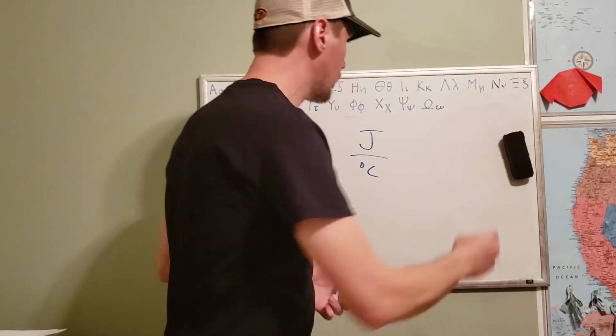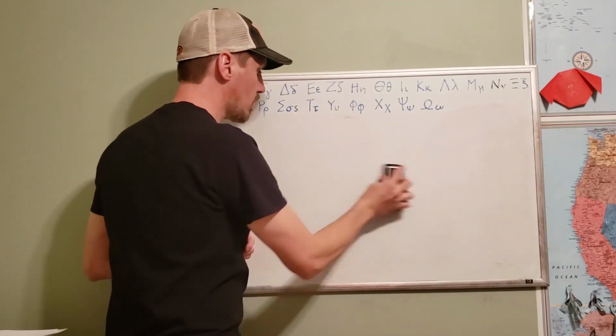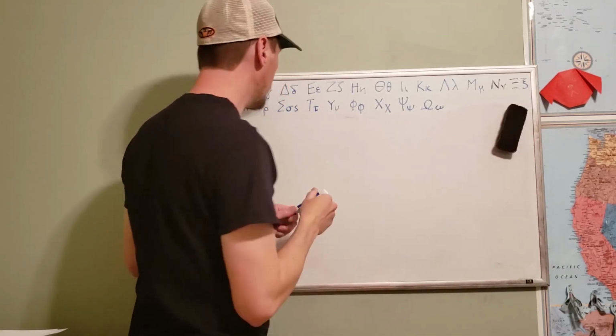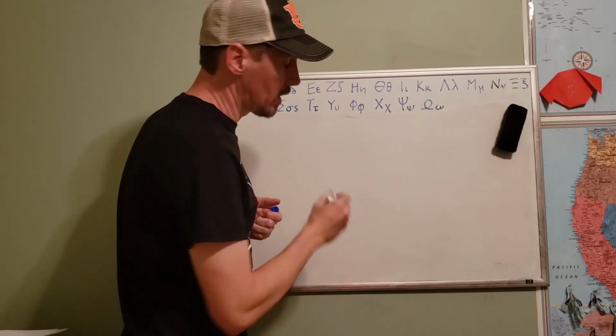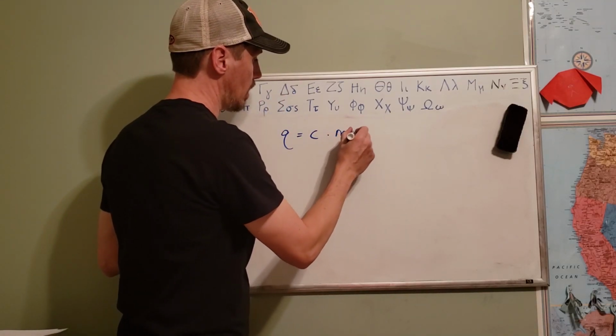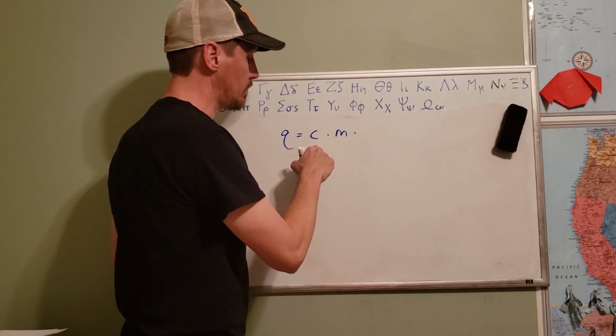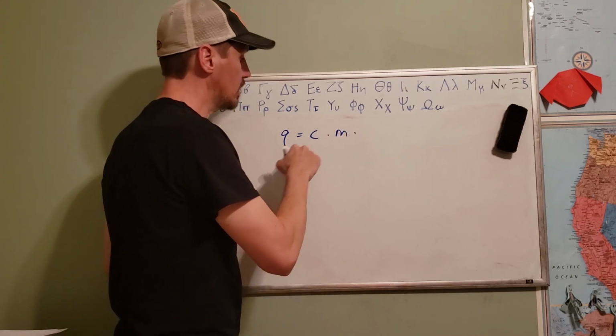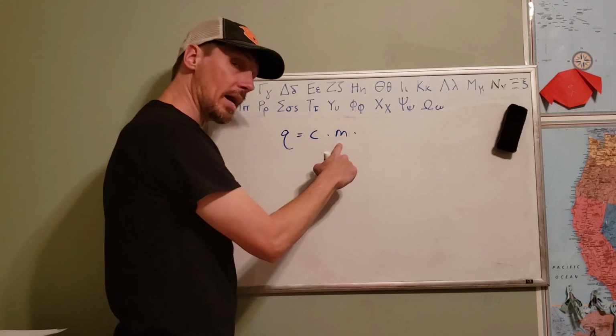So we have a slightly different formula. If you'll remember when we were talking about specific heat capacity, we used this formula: Q equals c times m times the change in temperature, where c was the specific heat capacity and m the mass.